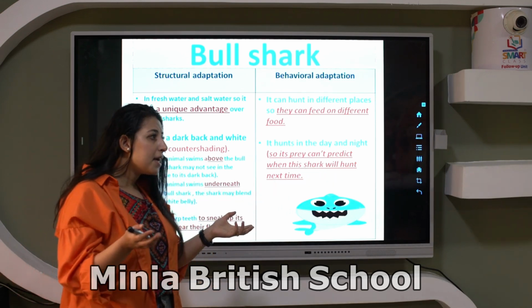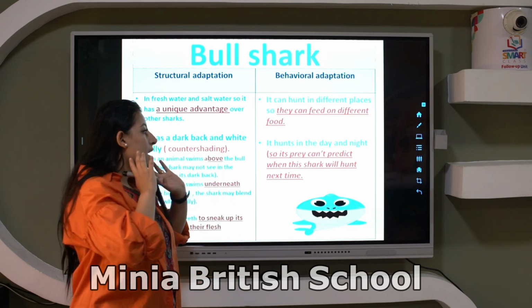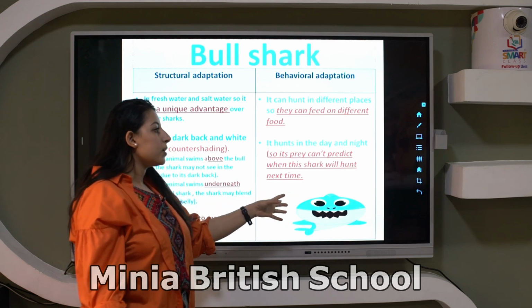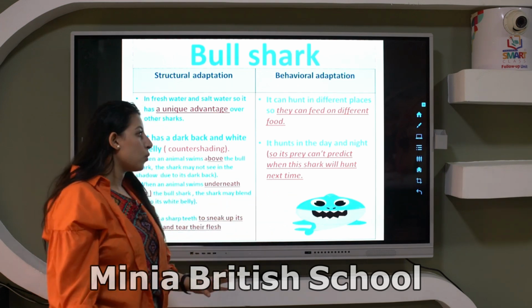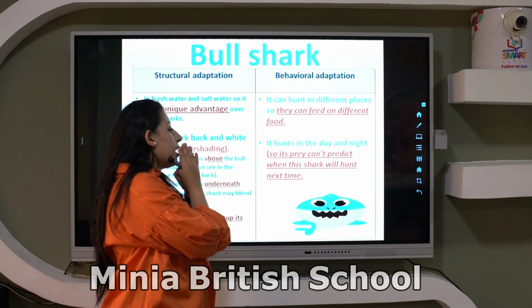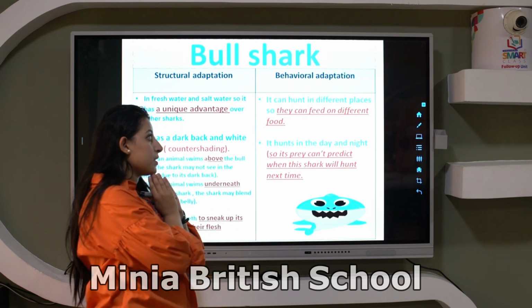How? The prey cannot be surprised. The prey cannot say, oh, it's daytime, I will be safe at night time. No, the prey cannot detect at which time the bull shark will exist.